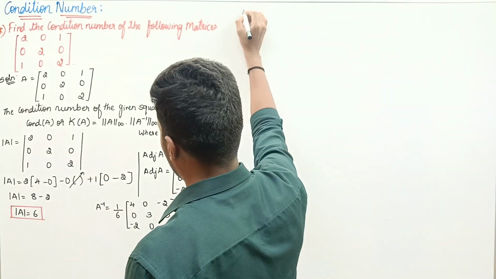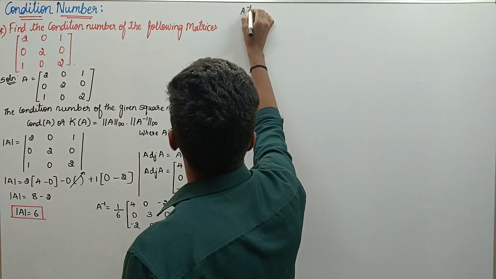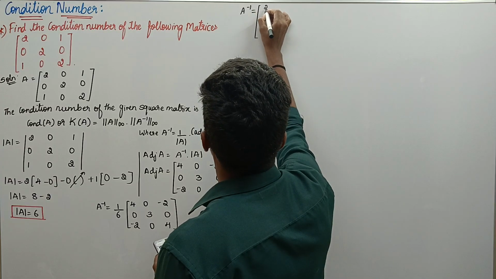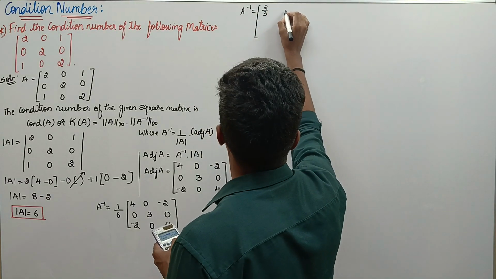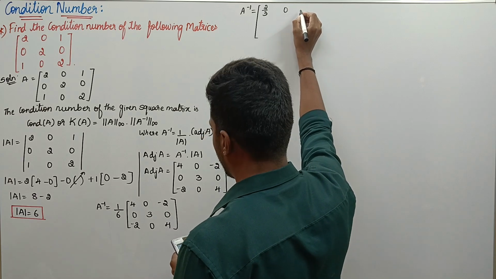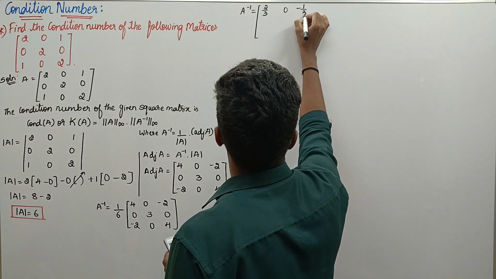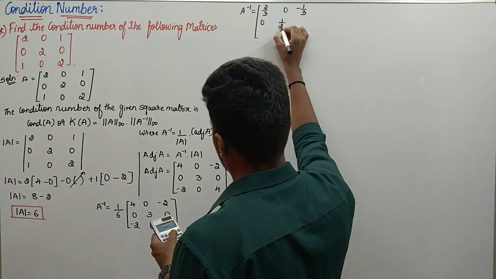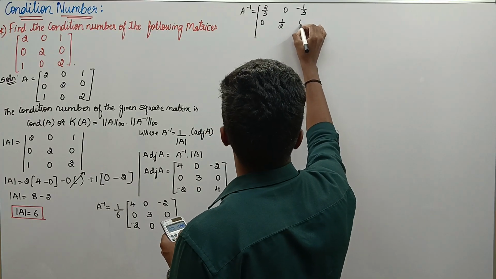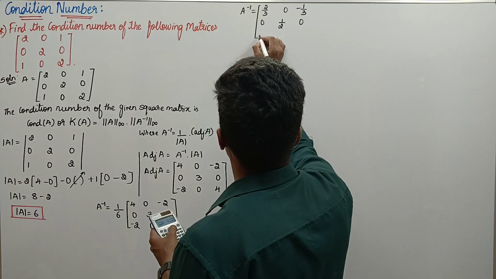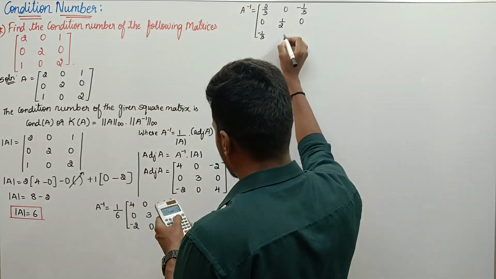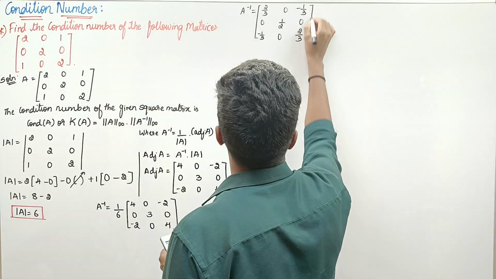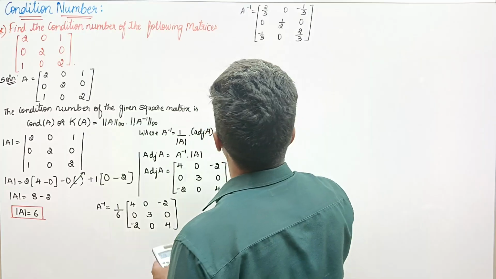That is A inverse, which is equal to 2 by 3, 0, minus 1 by 3, next we have 0, 1 by 2, 0, next we have minus 1 by 3, 0, 2 by 3. This is the value of A inverse.